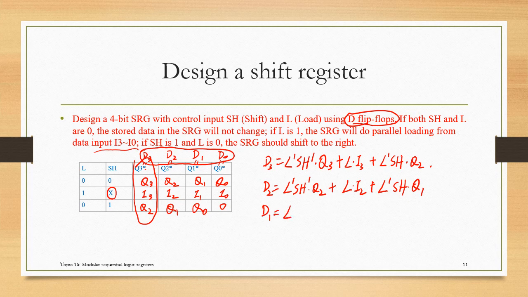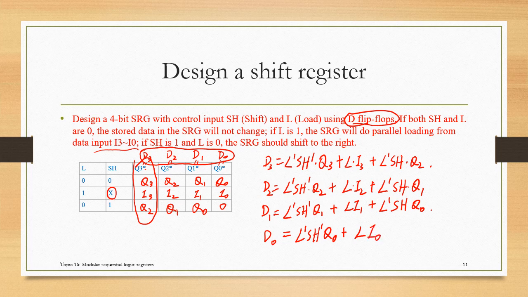D1 equal L prime, SH prime, Q1, or L, I1, or L prime, SH, Q0. Finally, D0 should equal L prime, SH prime, Q0, or L and I0. And the last one is 0.